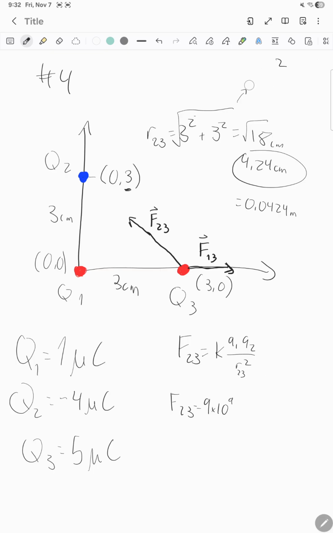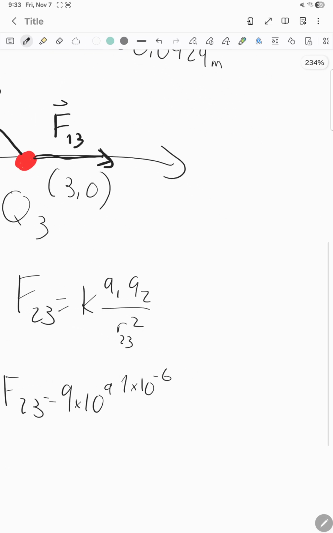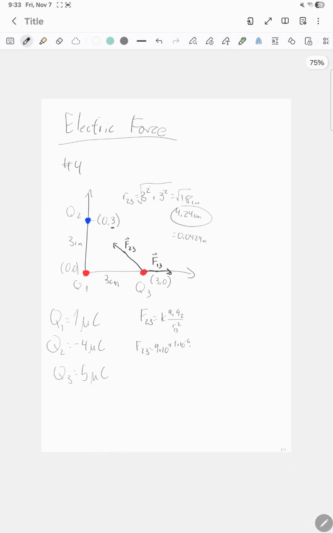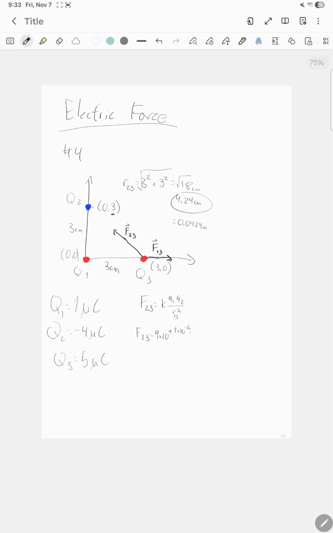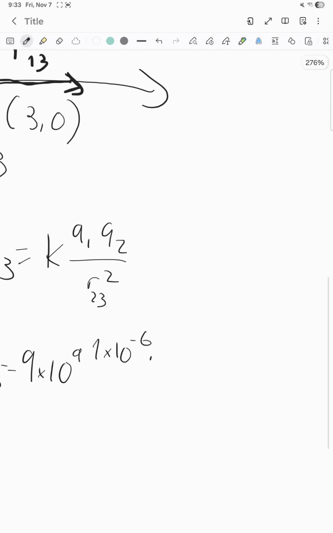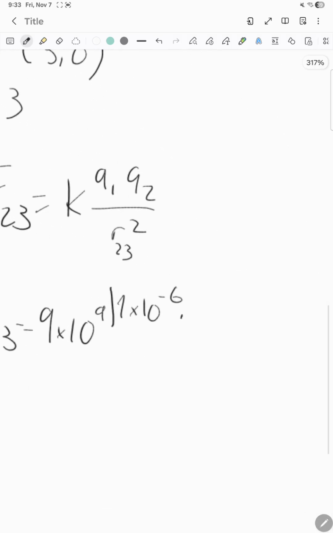But it's not in meters, so I just did that to be simpler. Q1 is 1 microcoulomb, so it will be 1 times 10 to the negative 6. Q2 is negative 4 microcoulombs. I'll take the absolute value because I just want the scalar of the force, not the vector.